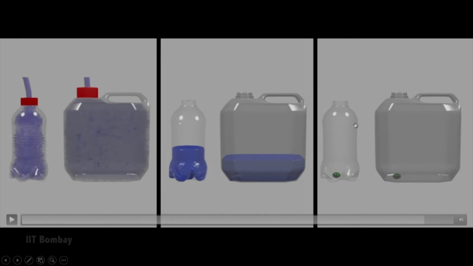It could not take the shape of the different bottle shapes, while the gases could and the liquid could. The solid could not take the shape of the container, and whatever original shape the solid had, the shape and the volume remained the same.